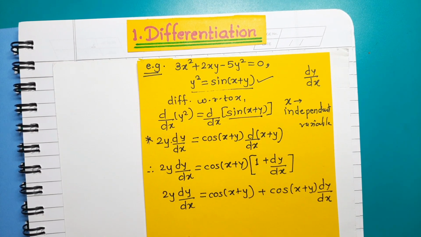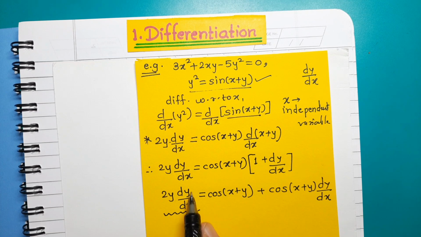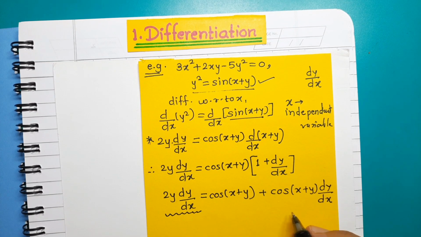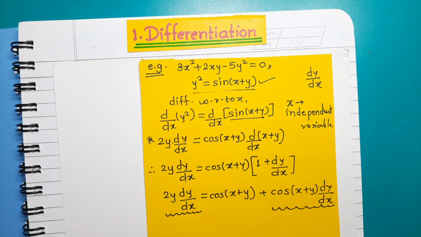Now you observe that in these three terms, this is a term containing dy by dx, and this is a term containing dy by dx. So we are going to collect these two terms on the LHS.